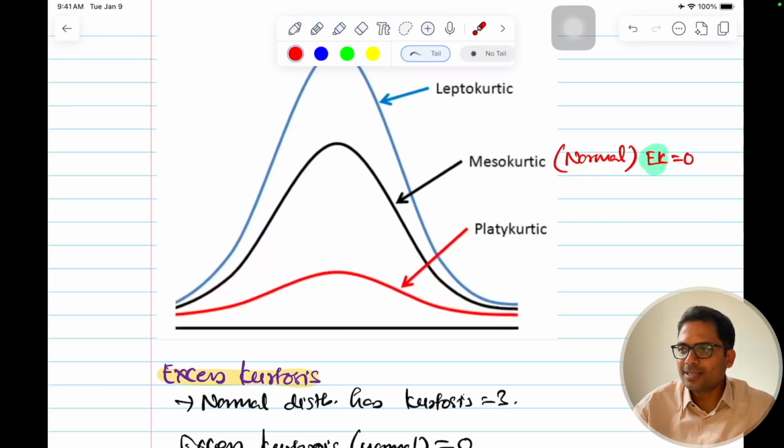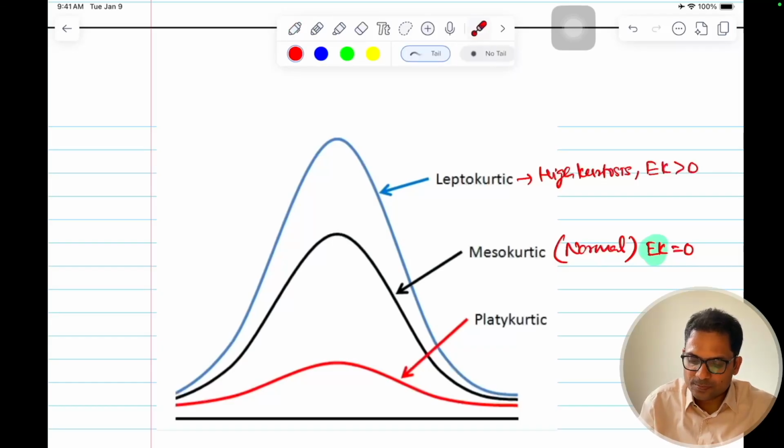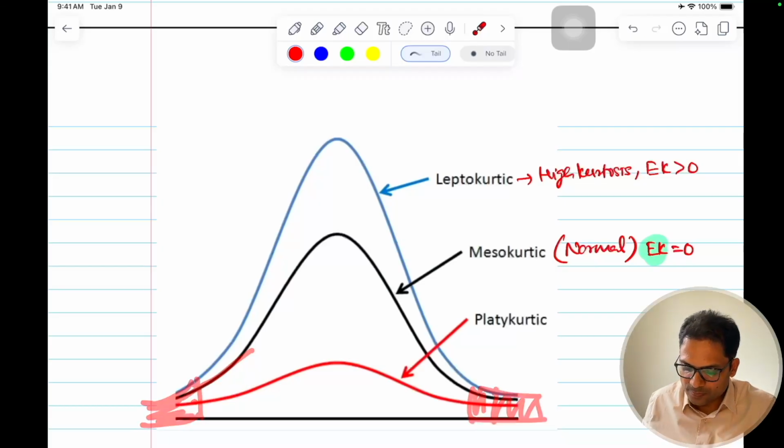Leptokurtic is the next. This is high kurtosis. The lepto is high kurtosis. High kurtosis means excess kurtosis is greater than 0. EK is greater than 0. Here, this is your normal. If you see here, this tail is fatter than the normal one, for the blue line.